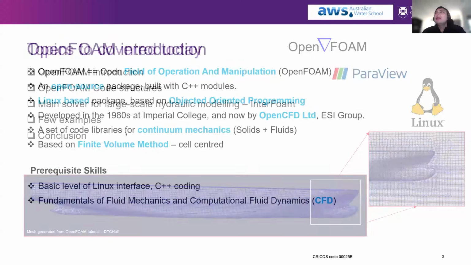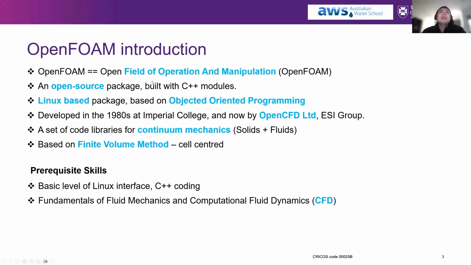So what is OpenFOAM? OpenFOAM stands for Open Field Operation and Manipulation. It sounds really fancy, but it's basically a bunch of C++ modules that can model continuum mechanics. That means it's able to model not only fluids but also solids.